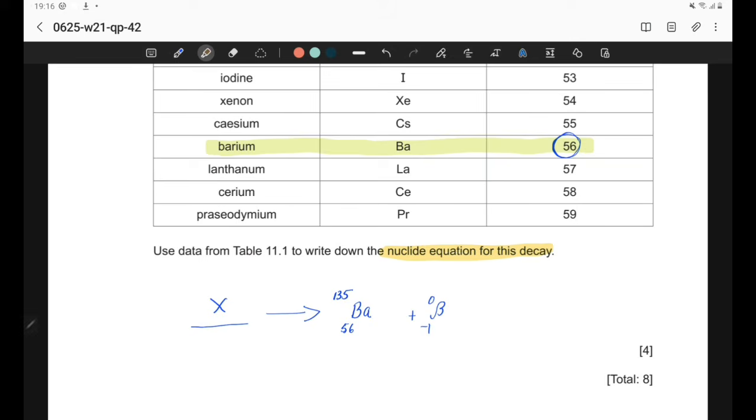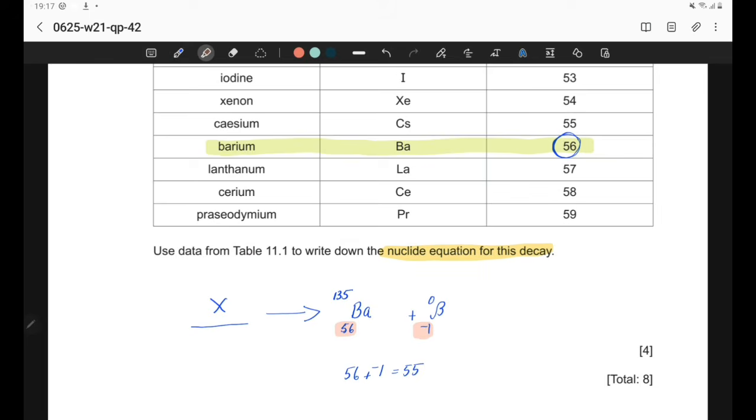Here we need to know that on the right hand side of this equation and the left hand side of the equation, the proton number and nucleon number should be balanced. At RHS the total number of protons is 56 plus minus 1, that is 55.